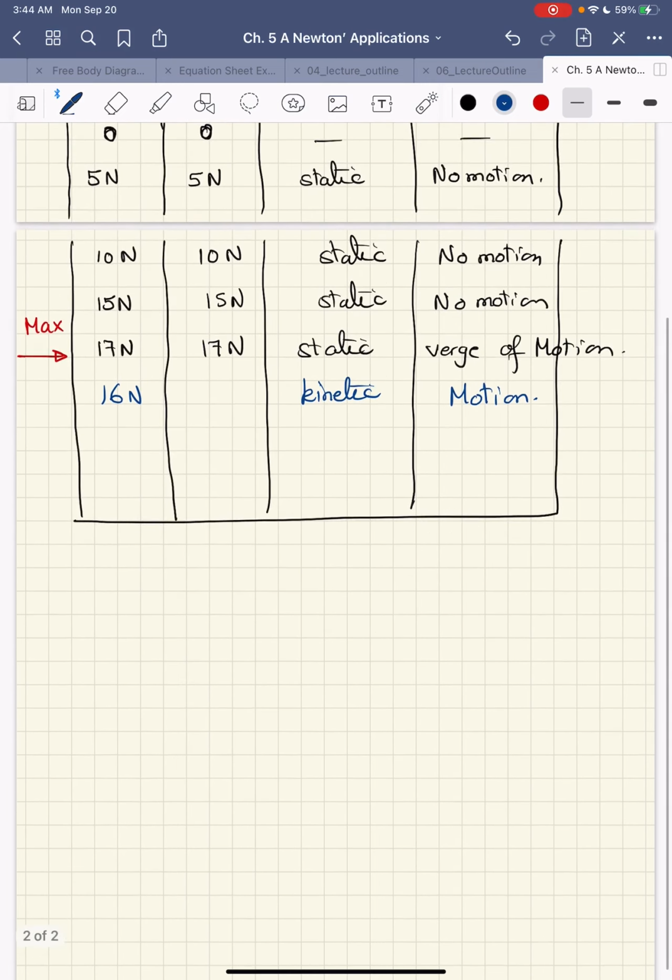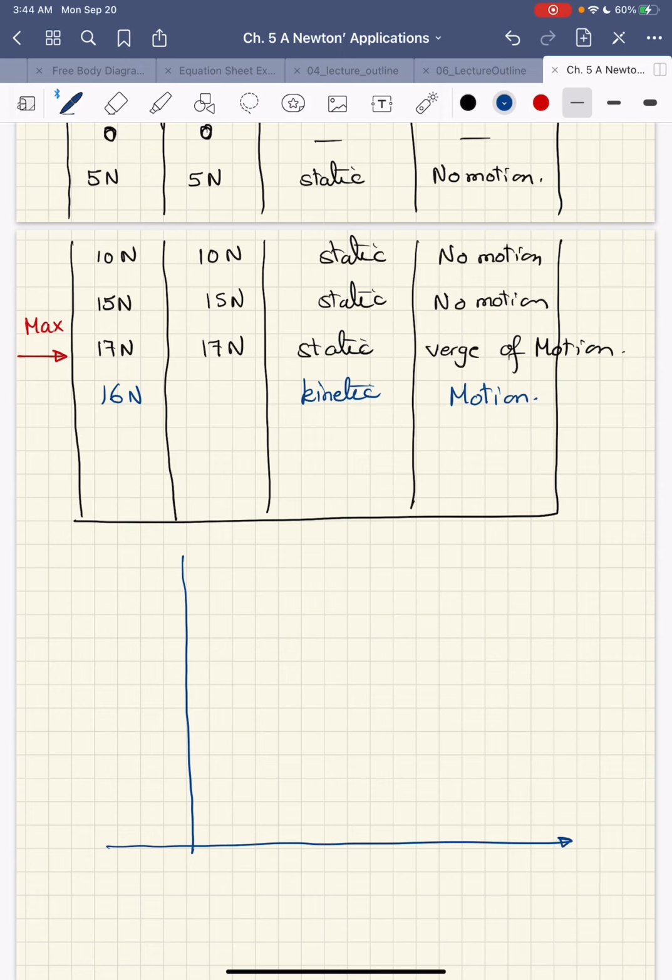If I will attempt to graph that, this relation, F applied in newtons, and this is F friction in newtons, I want to do the opposite.